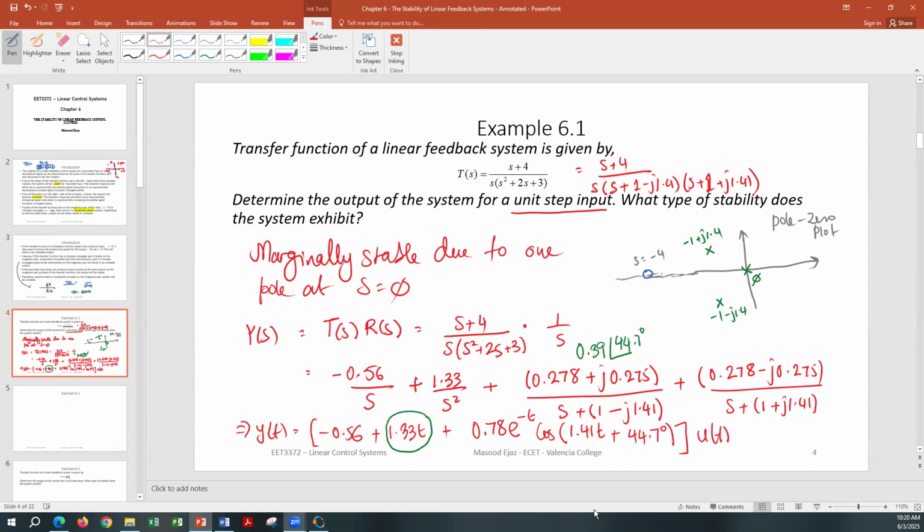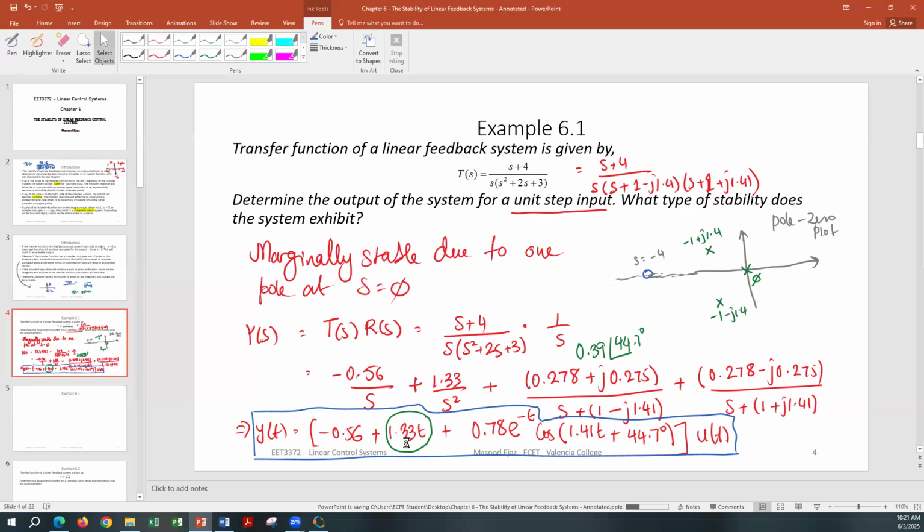And remember, we discussed this in chapter number 2 when we were discussing the Laplace transform pair. I added that pair in chapter number 2. So this is your final result. And of course, as we can see, this factor, 1.33 t, will make the output unstable. The system itself was marginally stable, but since the input also produced one pole at s equal to 0, the multiplicity of the pole became 2. Therefore, the output becomes unstable.